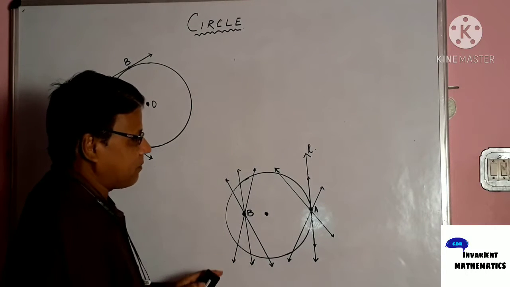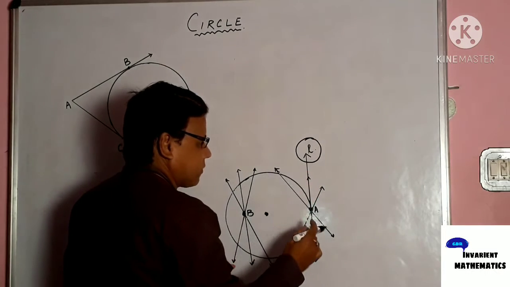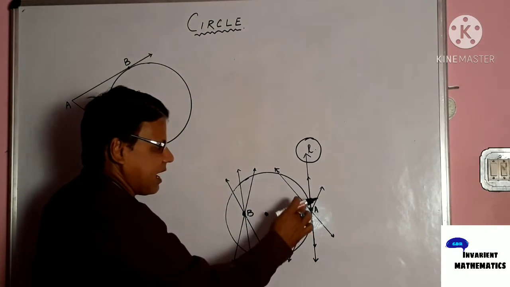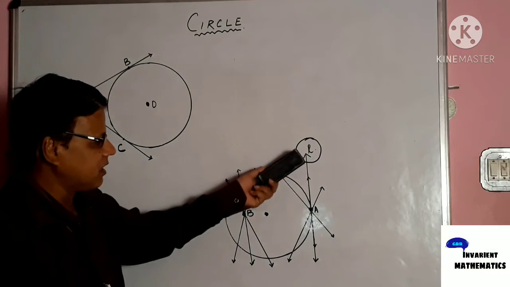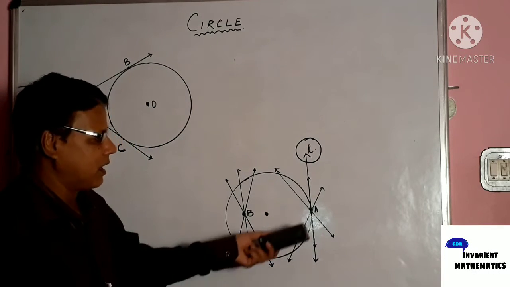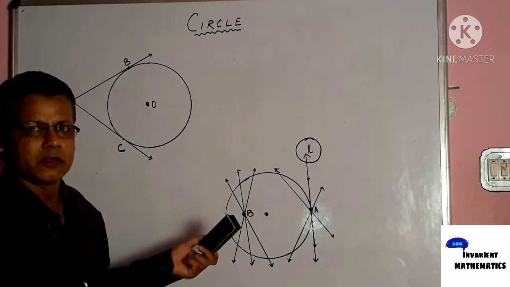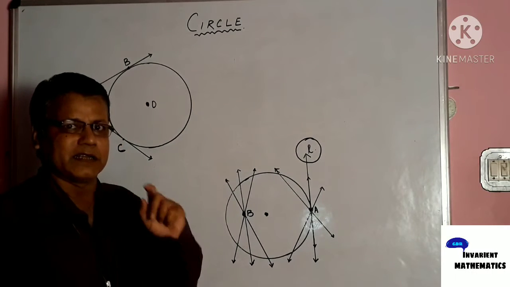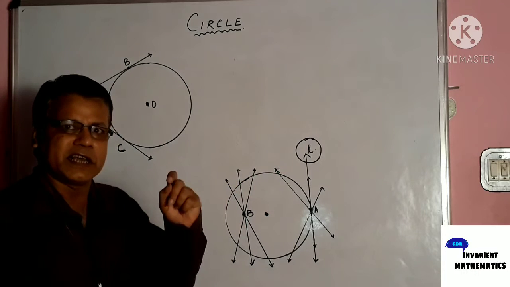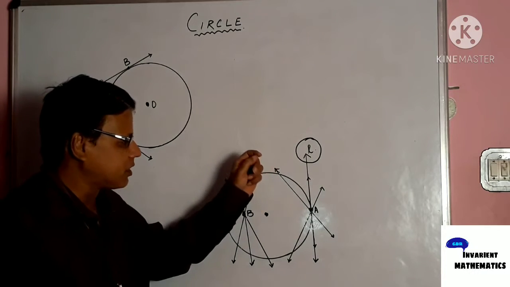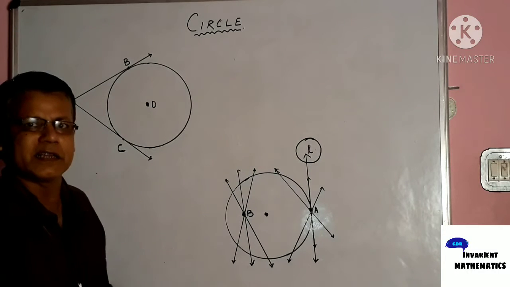Among the infinite number of lines, the line pointed as L meets the circle at one point, and other lines intersect the circle at 2 points. So we get only one tangent. That means we reached the conclusion that through a point on the circle we can draw only one tangent.